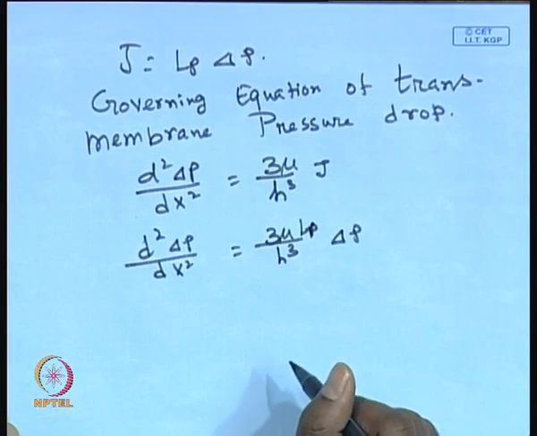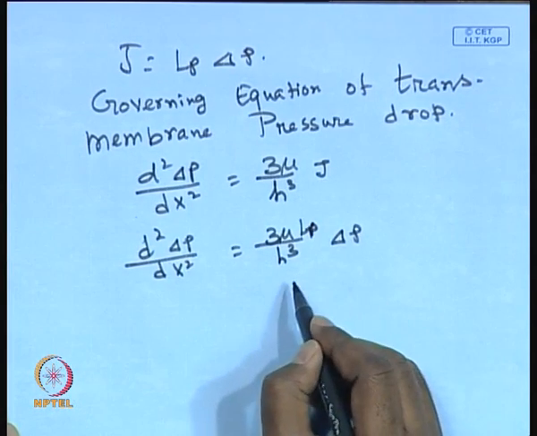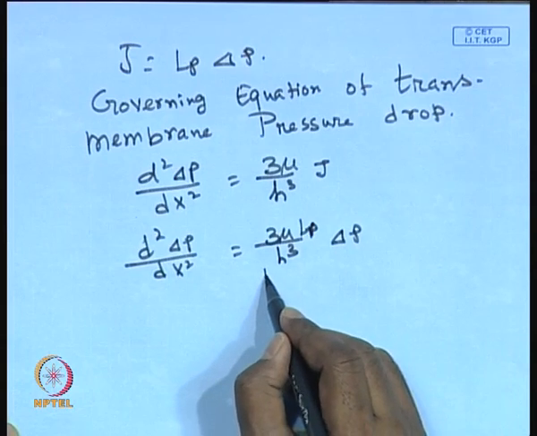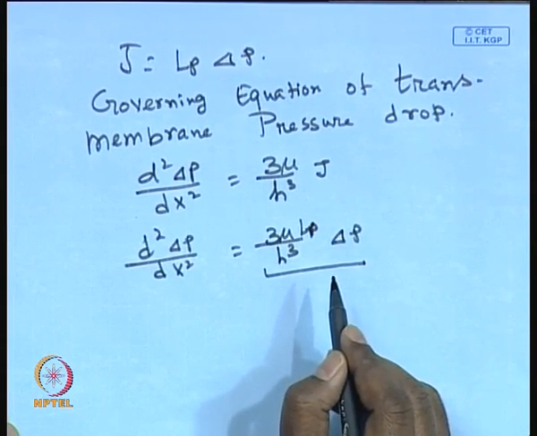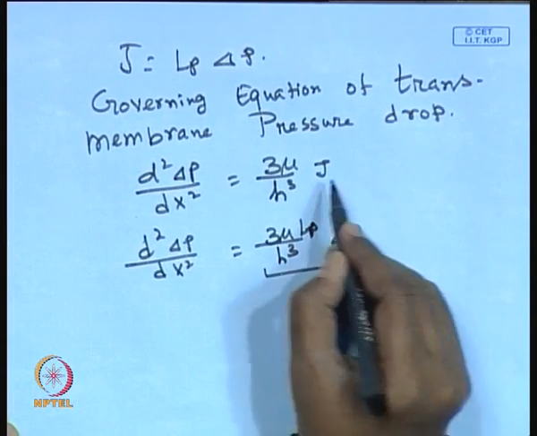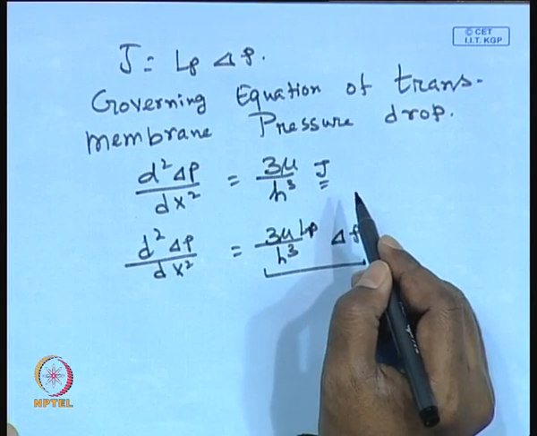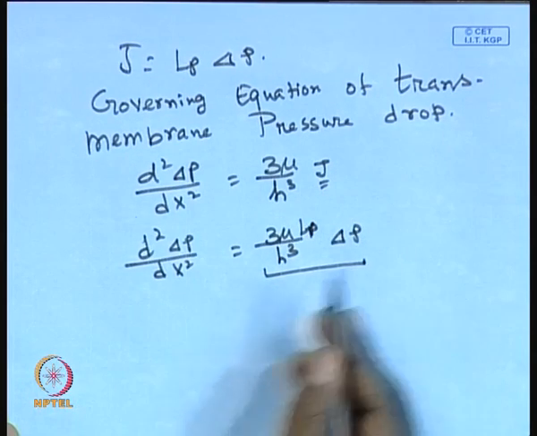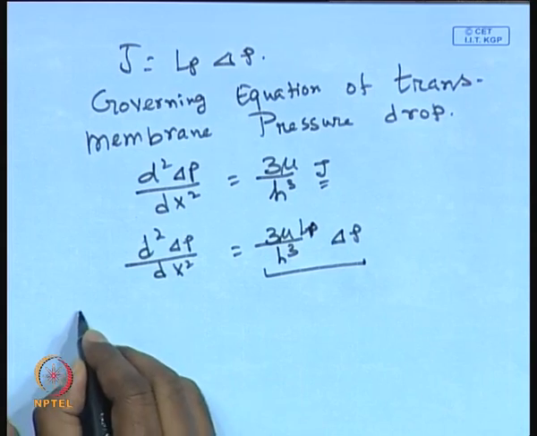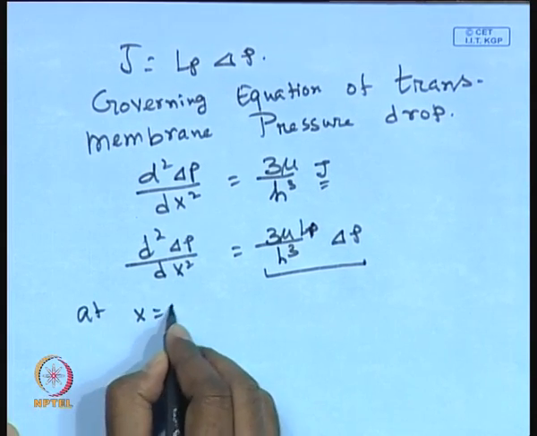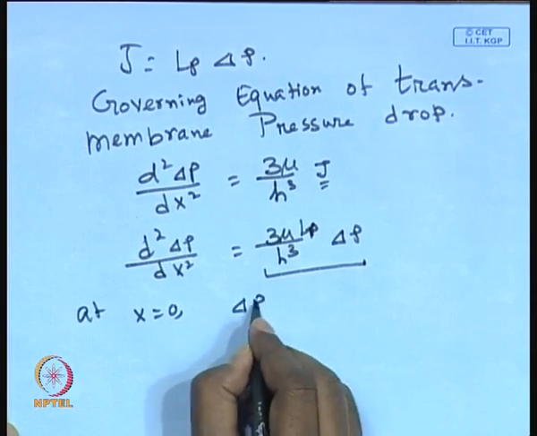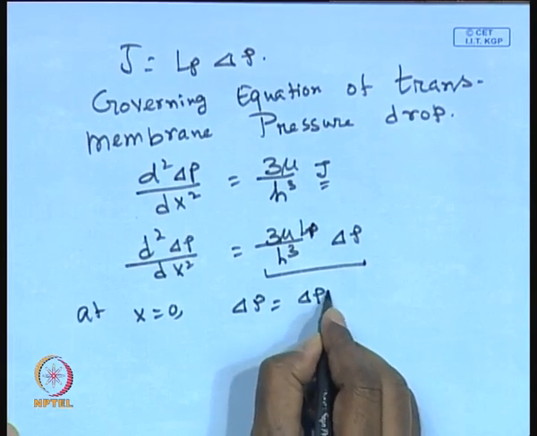So, the difference is that this time the right hand side is not constant. In the earlier case, J itself was taken as constant, but this time it will not be constant. And let us look into the boundary conditions. At x is equal to 0, you had delta p is equal to delta p in.